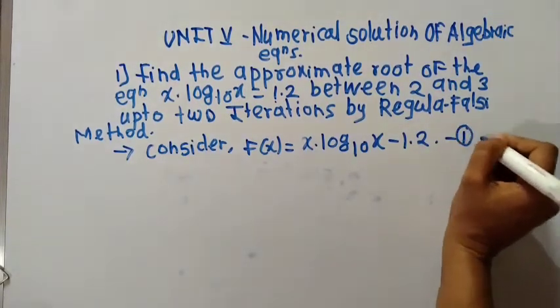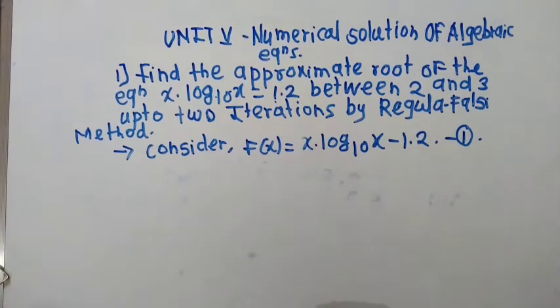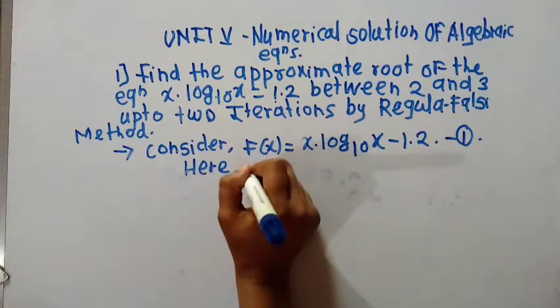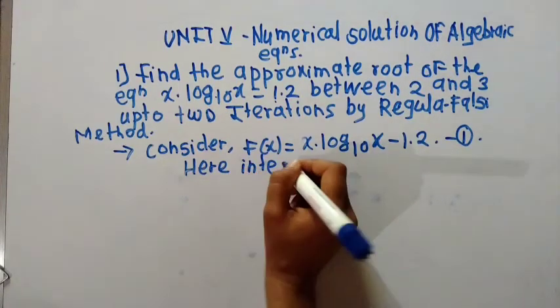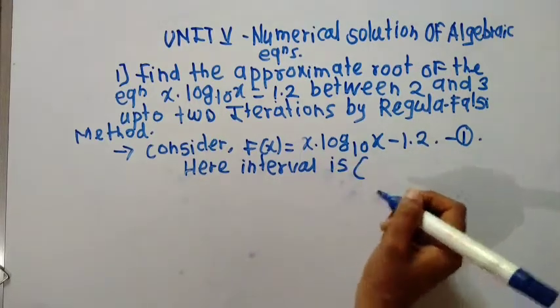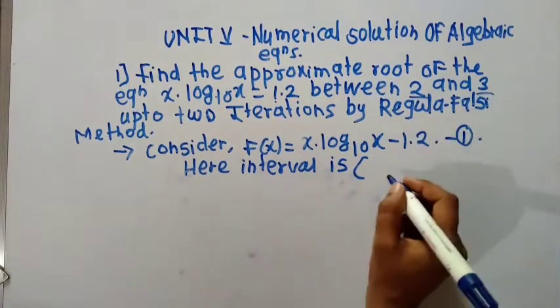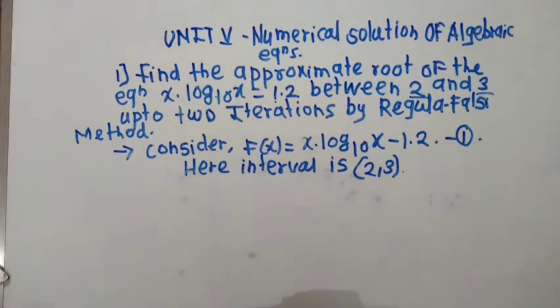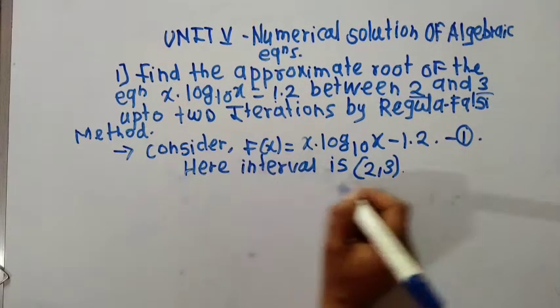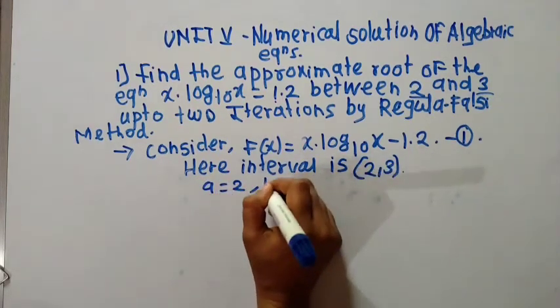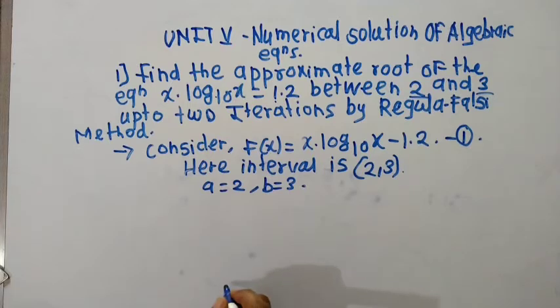It is the first equation. Here the interval is given between 2 and 3. So here a is equal to 2 and b is equal to 3.